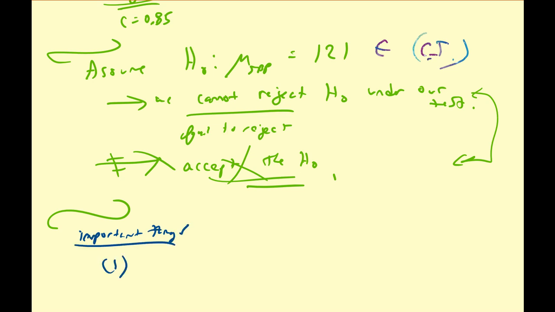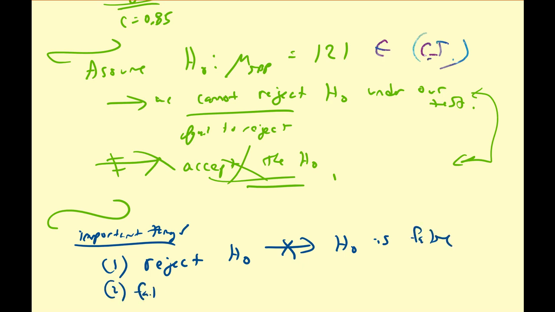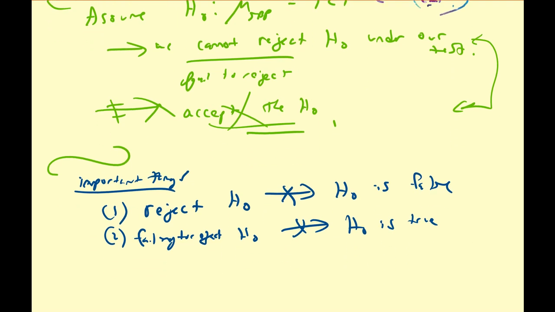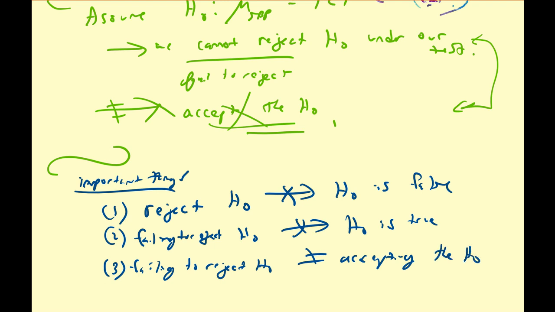The first important thing is rejecting the null hypothesis does not imply that the null hypothesis is false, and failing to reject the null hypothesis does not imply that the null hypothesis is true, which is why failing to reject the null hypothesis does not necessarily mean accepting the null hypothesis. So it is definitely important that you keep these things in mind.